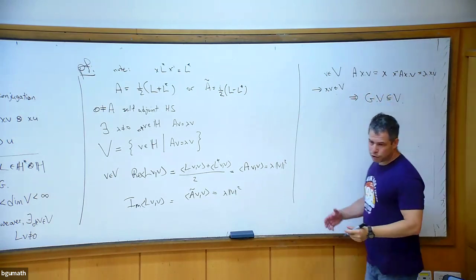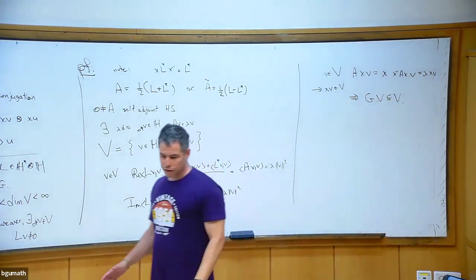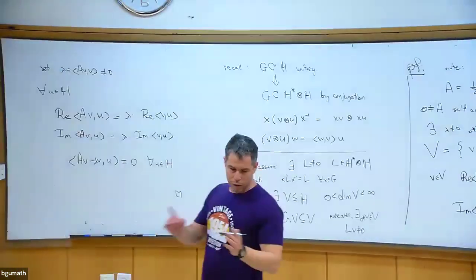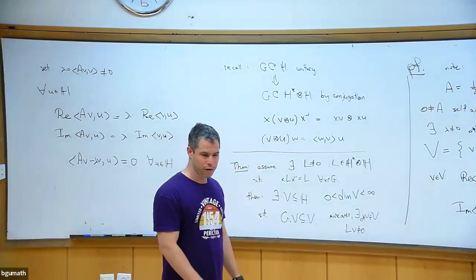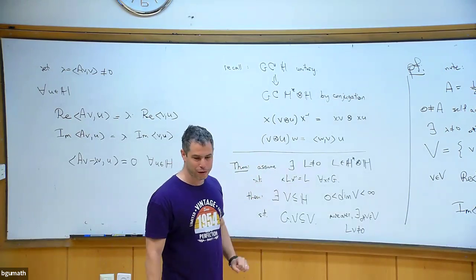And it would be true if I did the tilde. The only thing I needed the tilde for was to say that one of them was non-zero. The rest of the computation doesn't care.